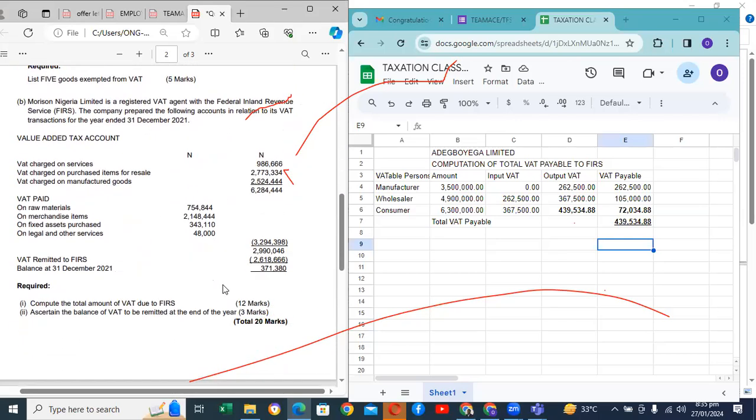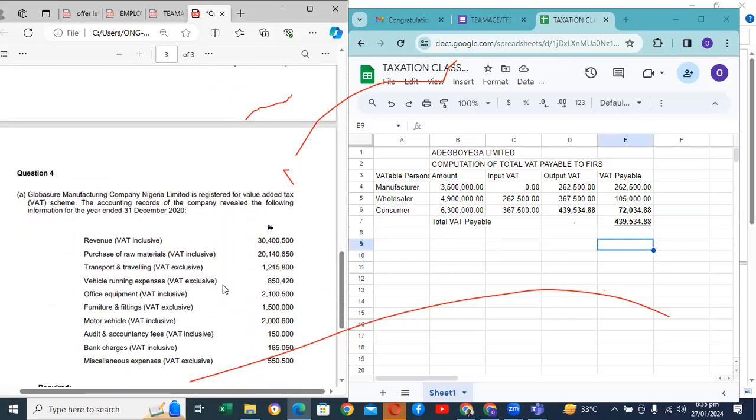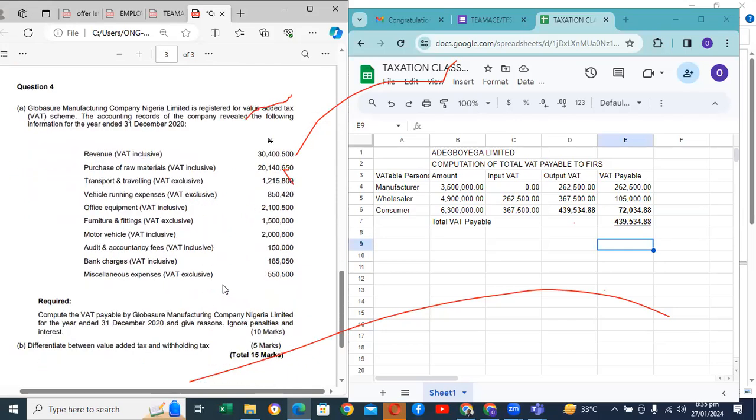Let me do one more illustration before calling it a night. Good evening. Before the question, I have a question regarding the inclusive. In a situation whereby the question is silent, how do you fix that? You assume you just do 7.5% times the amount.